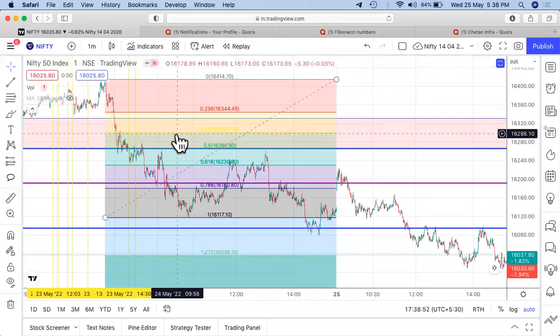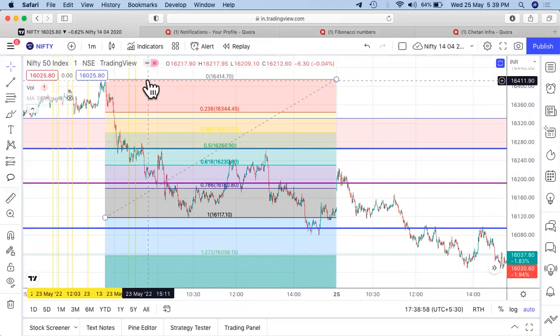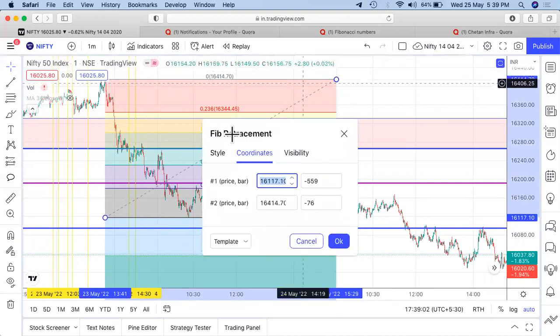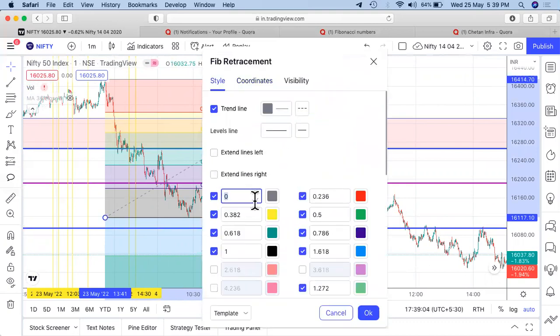We have the next ratio which is 0.382. The next ratio is 0.5, 0.618, 0.76. All these things are there. It is 0, 0.236, 0.382, 0.5, 0.618, 0.76, and 1. So these are all the ratios.